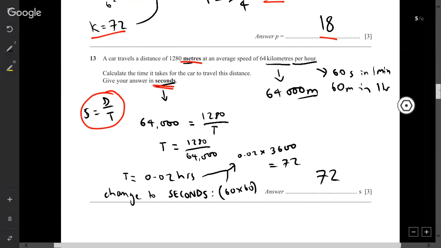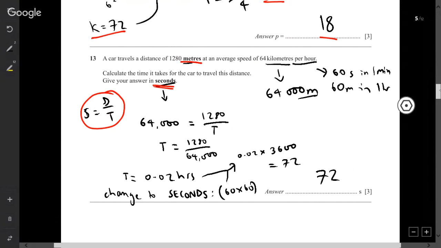There are 60 minutes in an hour. That's going to become relevant in a second. So speed, 64,000 meters per hour, so far, equals distance 1,280 over time, which is what we're trying to find. So t equals, I've just moved that around, t equals this 1,280 over 64,000.